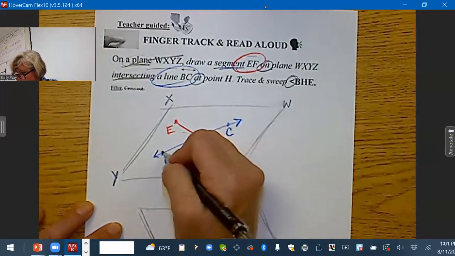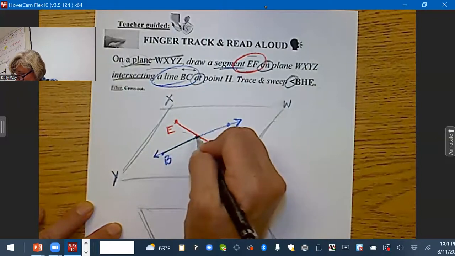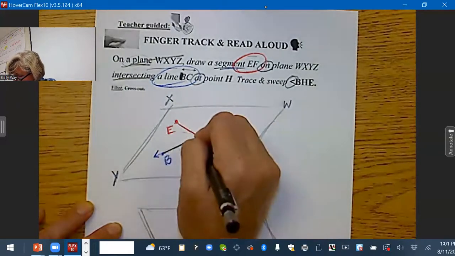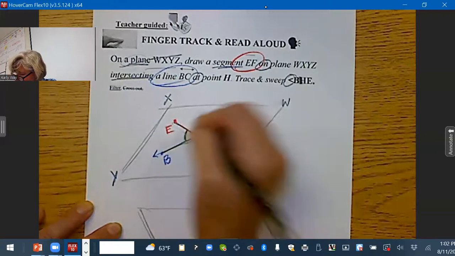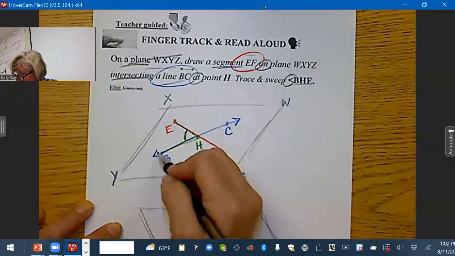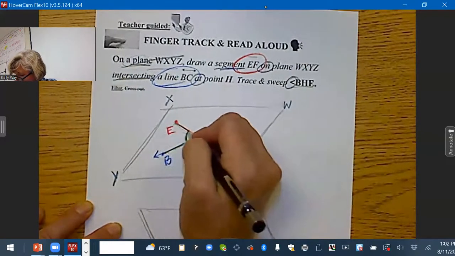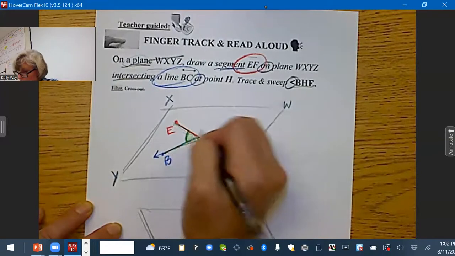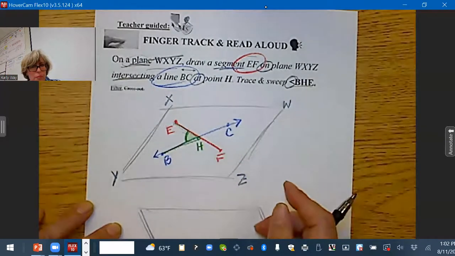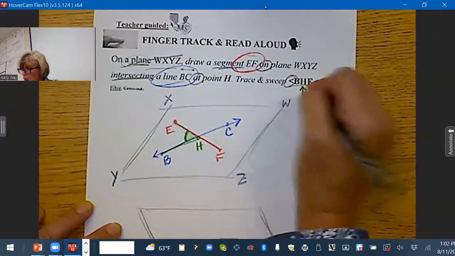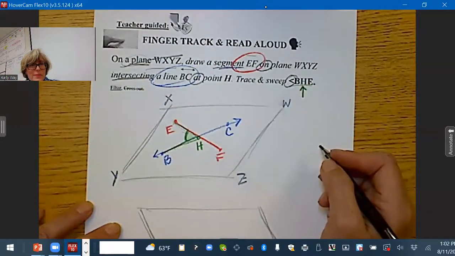Watch, B, H, E, trace and sweep. I'll do it again, BHE, trace and sweep. I'm going to shade it just for extra measure. There you go. You sweep at the elbow of the angle.